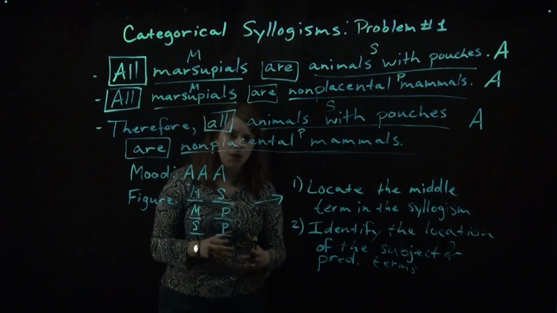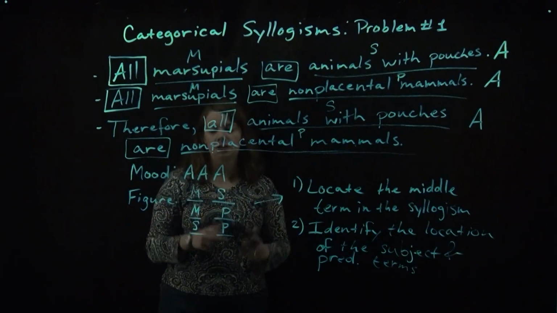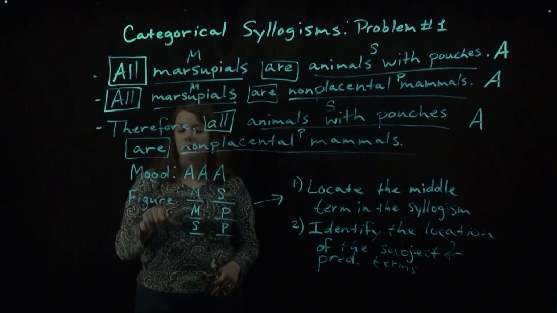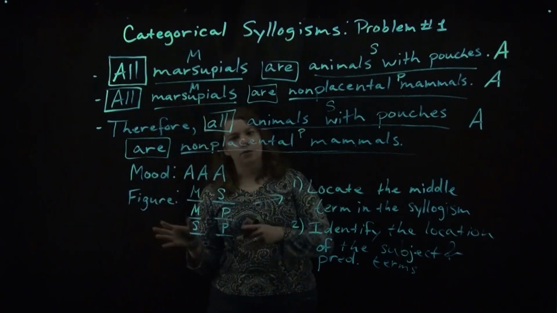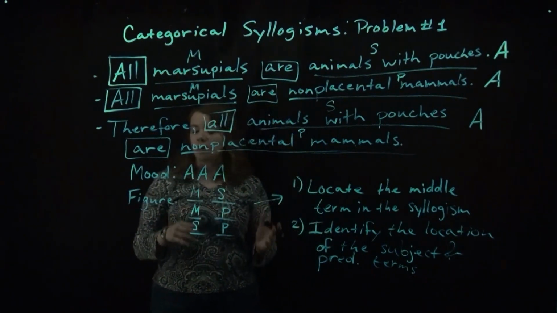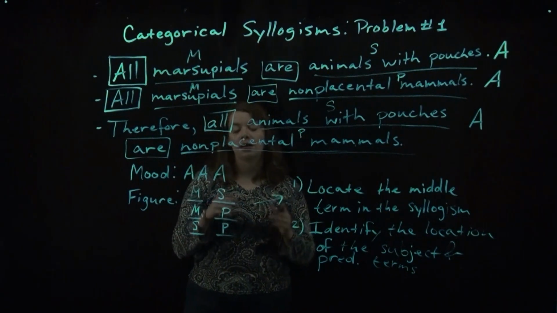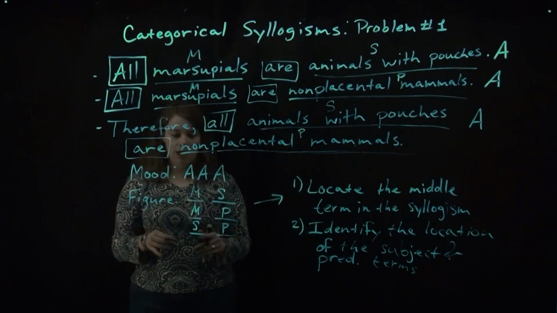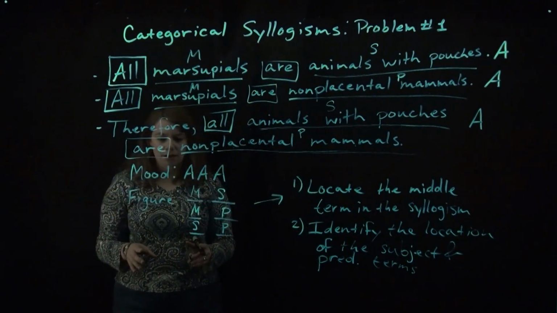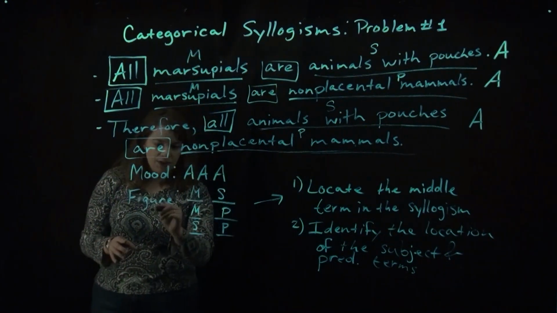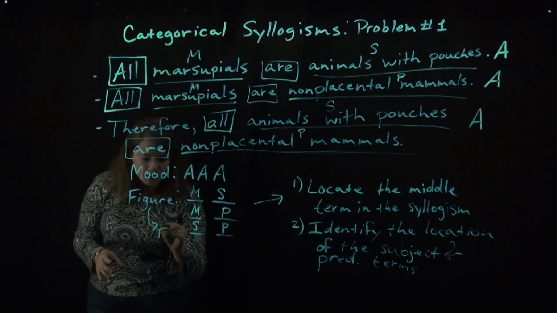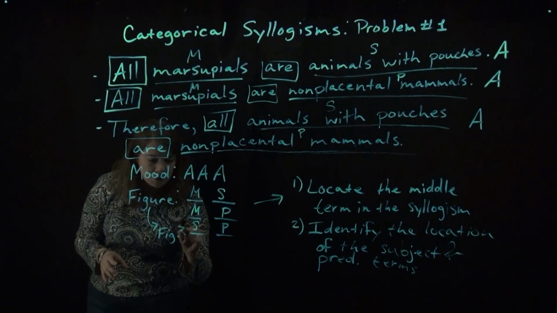Now, in order to determine whether or not this entire syllogism is valid, now that we know the mood and the figure, you'll need to look back at that document in the modules that tells you the valid mood and figure combinations, the conditionally and unconditionally valid forms. If you look at the document, you will see that this figure is known as figure 3.